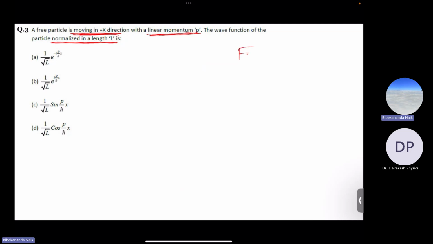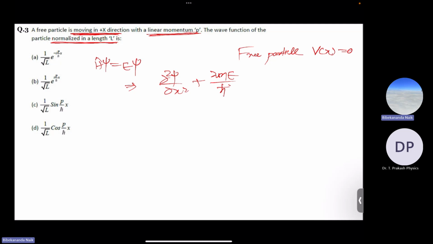For a free particle, the potential is zero. So when the potential is zero, if you put H psi equals E psi, it will give you del square psi by del x square plus 2mE by h cross square equals 0.